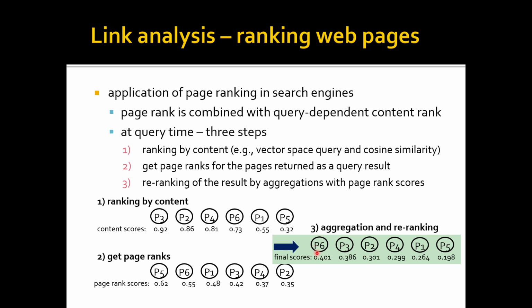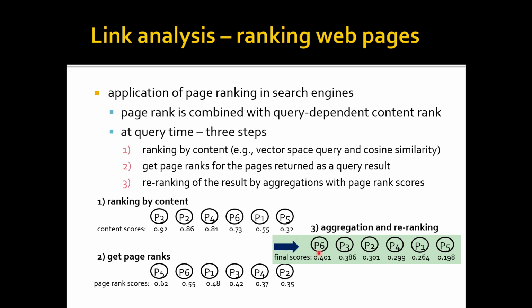We can see, for example, the P6 page, even though it was not so good for the content ranking, it's 4th, but it's quite good with respect to the overall popularity, which is modeled by the PageRank. So because of the two factors, it basically got the first place.